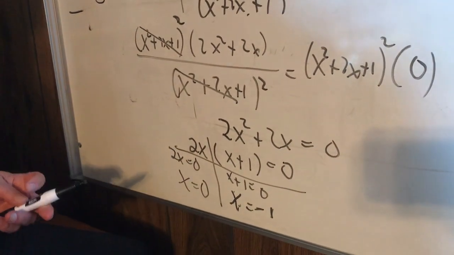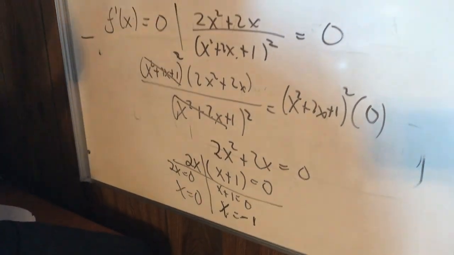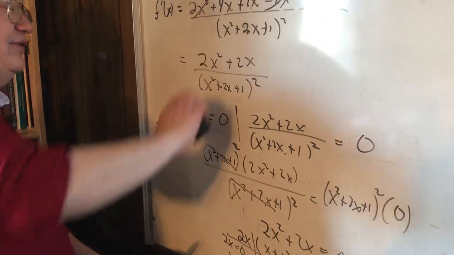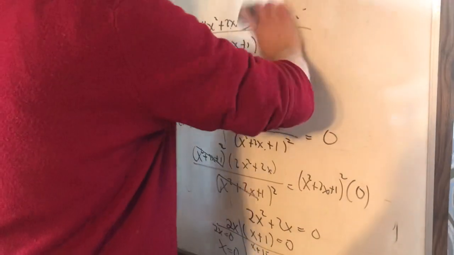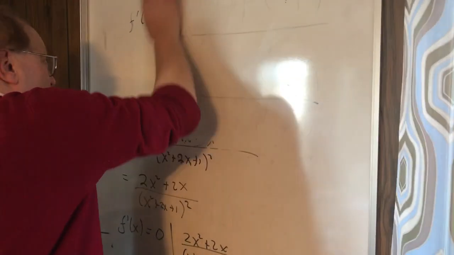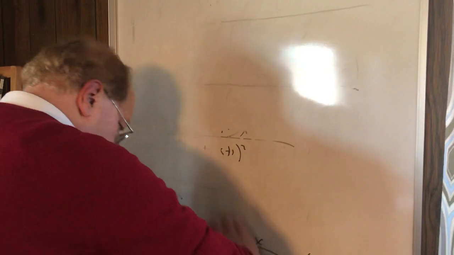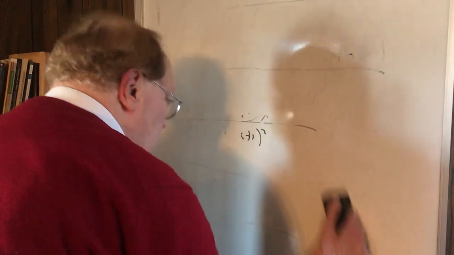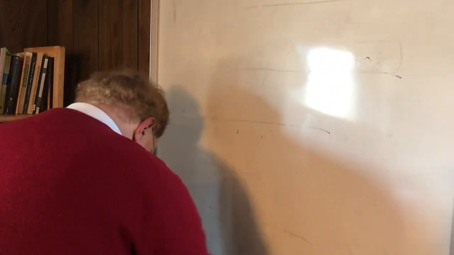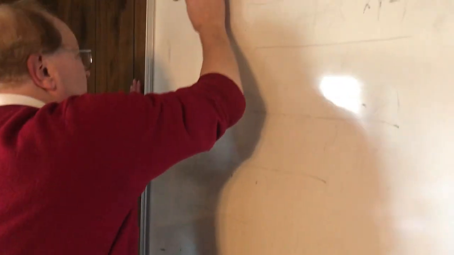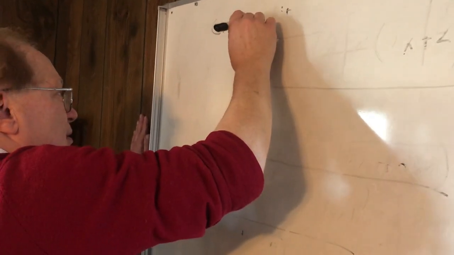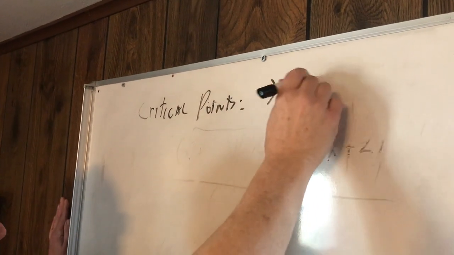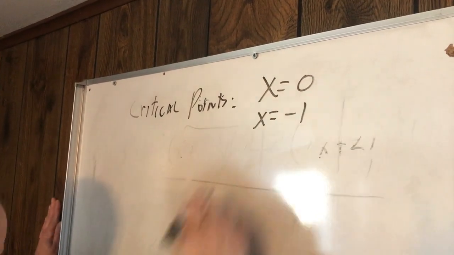They're critical points. I still haven't tested whether they're positive or negative, but let's use this as a teaching moment to figure out what's wrong with the x equals minus 1. So let's put the solutions on here. The critical points were x equals 0 and x equals minus 1.